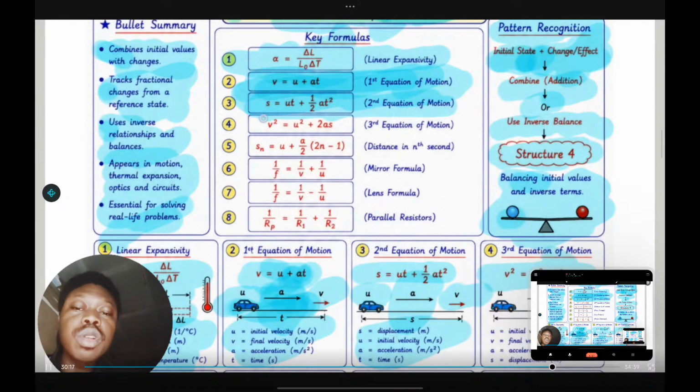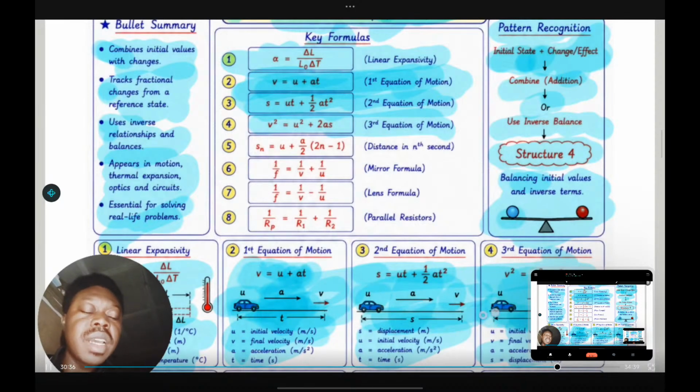Look at the third equation of motion. Also, you can see the structure that is being treated here. In the first equation, time is being replaced with distance. If you observe the structure, you understand the concept. And once you see this concept, you know how these formulas are generated based on these diagrams you are seeing.